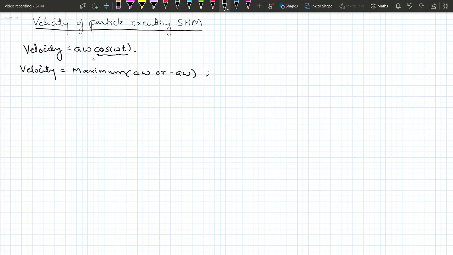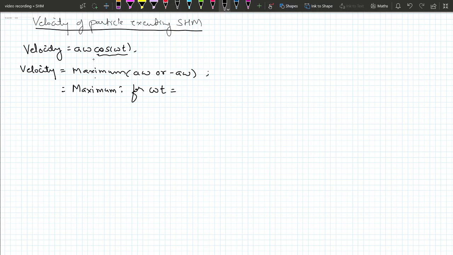Therefore I can write, cos of omega t is only 1 when omega t, so velocity is maximum whenever omega t is equal to 0, pi or 2 pi.